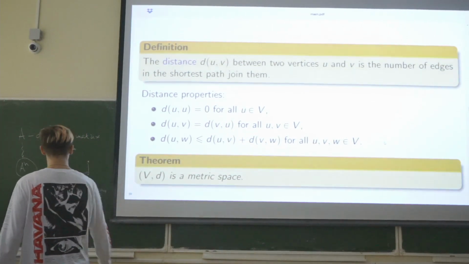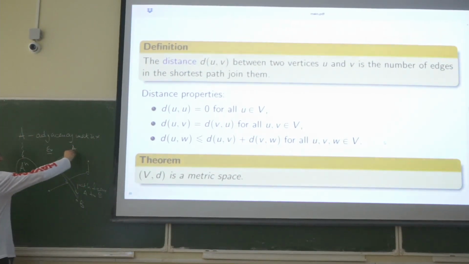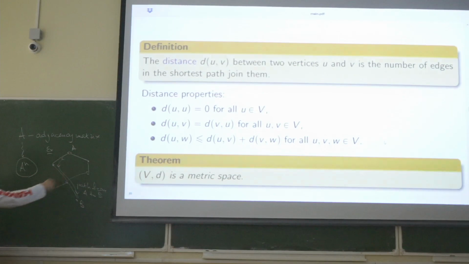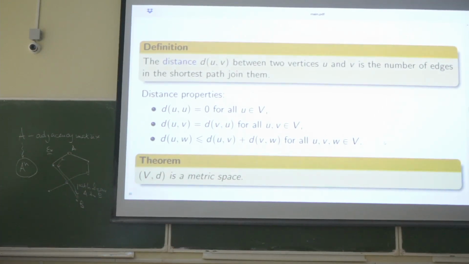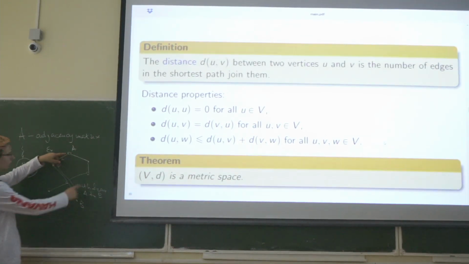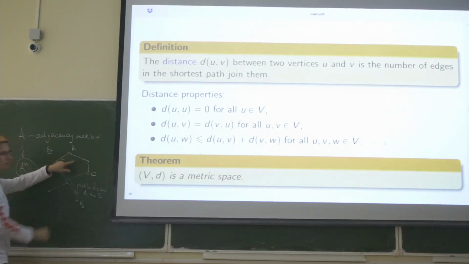If we have, for example, this graph, yeah, we can say that distance between two vertices is equal to the number of edges in the shortest path joining them. Yeah.